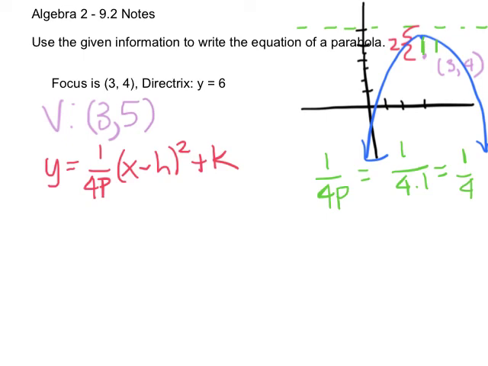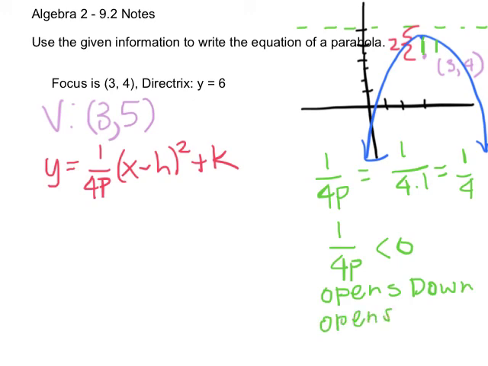Now, one thing that we need to keep in mind, and we haven't seen it yet in these notes, so we're going to talk about it right now, is that if this term, the constant term, 1 over 4p, if that term is less than 0, then you're going to have a parabola that opens down, like the one that we're looking at now, or opens left. Just think about how when you've studied quadratic equations in the past, if the x squared term was negative, you had an equation that opened down.